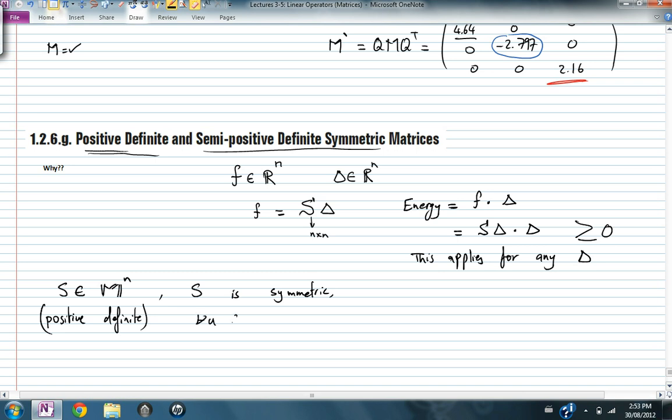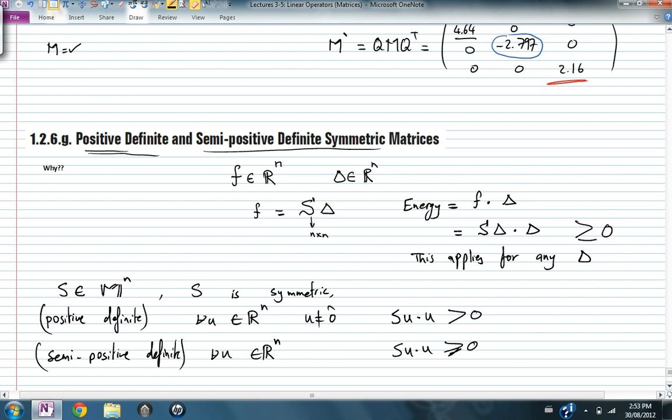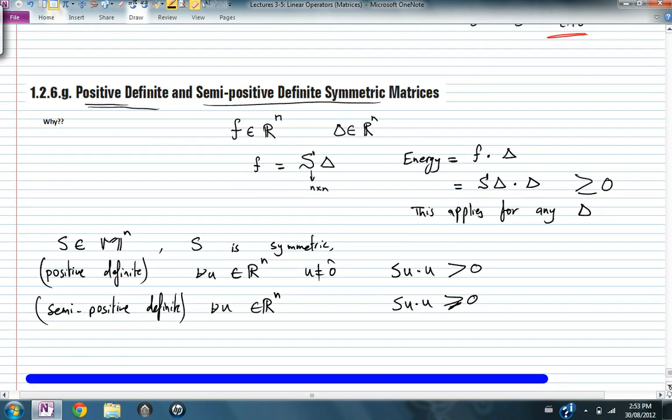For every u in Rn, u is not the zero vector, Su dot u, the energy, if you want to call it the energy, has to be greater than 0. Semi-positive definite. And here I don't have to put that restriction because I can say Su dot u can be equal to 0, but always greater. So greater than or equal to 0. If this is true for any vector, S is called semi-positive definite.